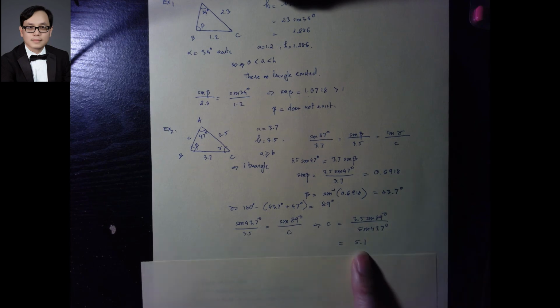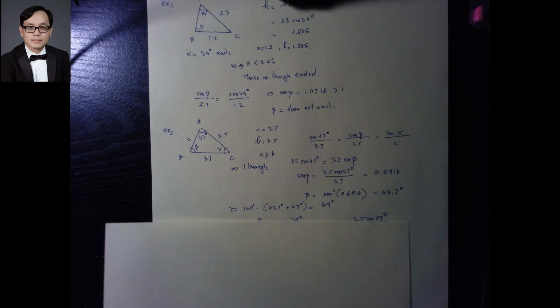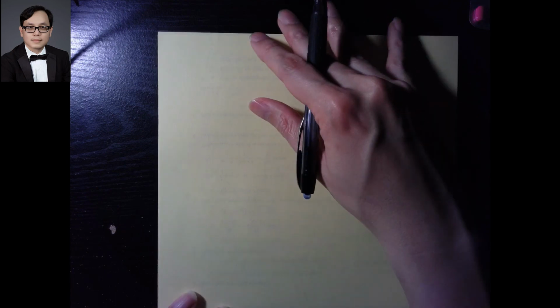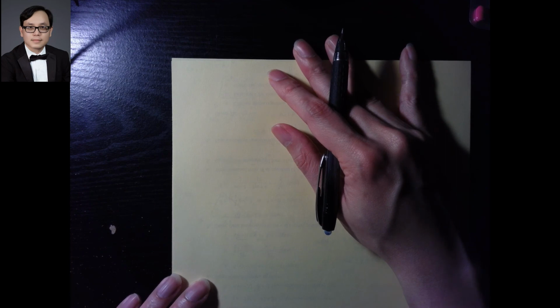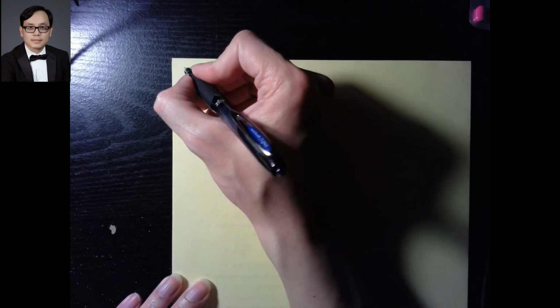Okay, so that is the end of the second example. On the third example, I want to give you the problem when you have to solve two triangles. Okay, and the problem is like this. Example 3.